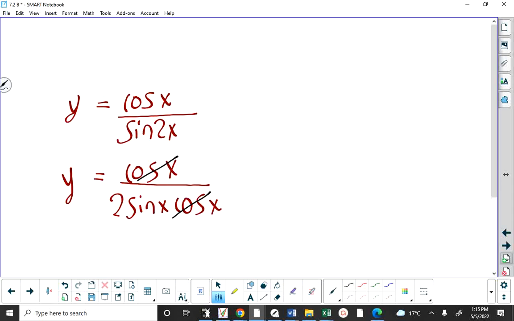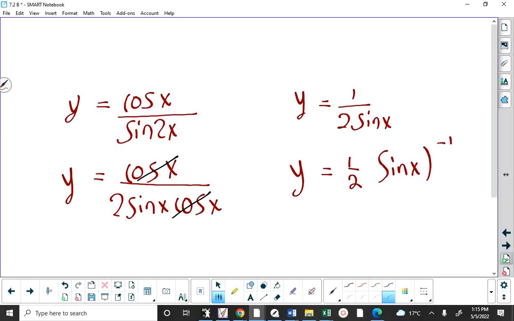And I'm left with y equals 1 over 2 sine x, which can be written as 1/2 sine of x to the negative 1. And I'm going to digress, or take a detour here, because it's important to know, but it's not necessary for this question.